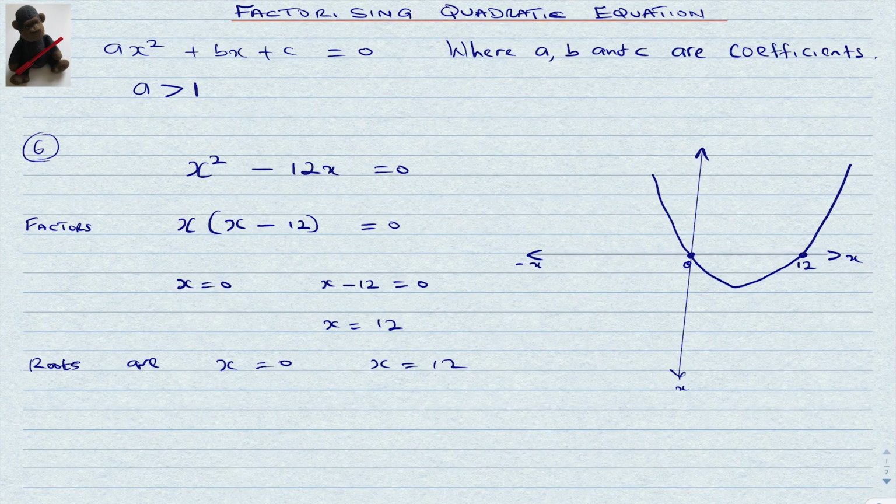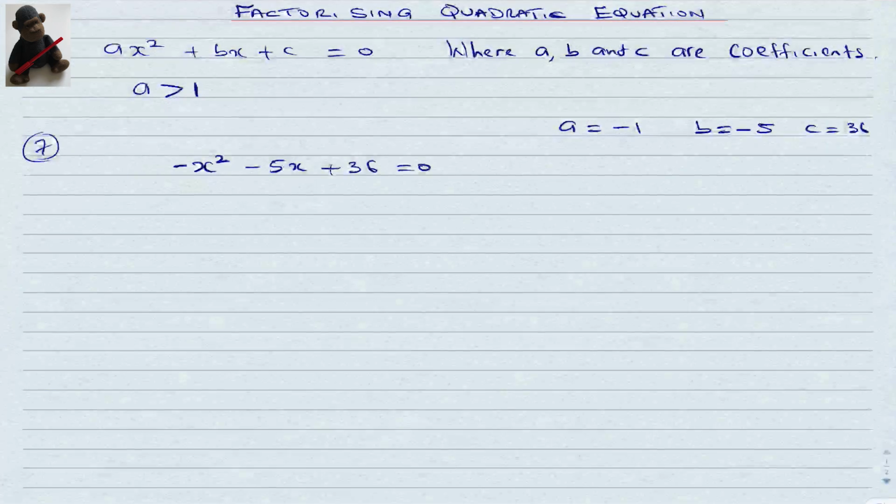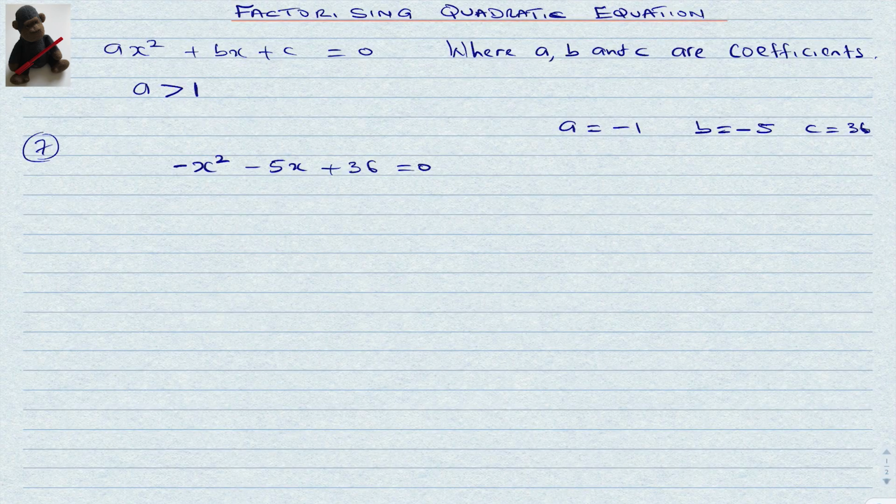And that's the equation. In this question, we're going to solve by factorization. A equals minus 1, B equals minus 5, and C equals 36. We need to find AC. AC equals minus 1 times 36, which is minus 36.